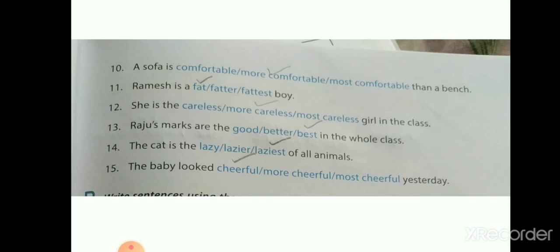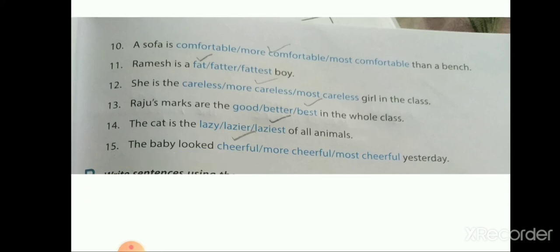We are not comparing anything in this. So this is a positive degree. And when I say the cat is the laziest of all animals, in this sentence we are comparing the cat with more than two or three animals. So then it becomes a superlative comparison.